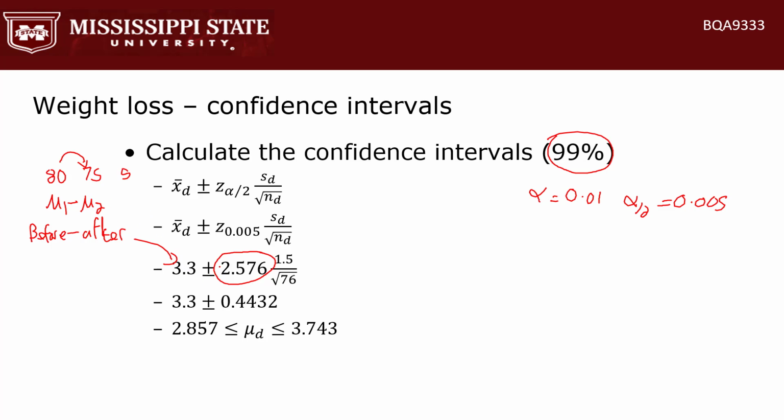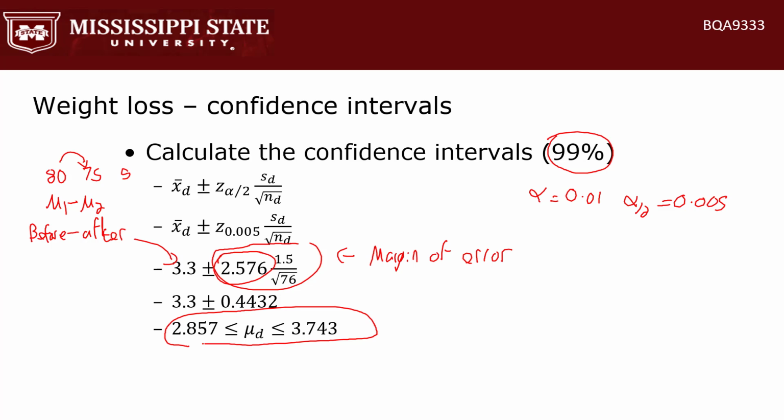So we usually do for confidence intervals, we calculate the half width, the margin of error. We add and subtract to the mean, and then we get the overall range for the confidence interval. So the 99% confidence interval is going to be from 2.857 to 3.743.